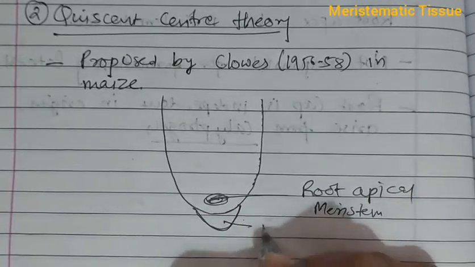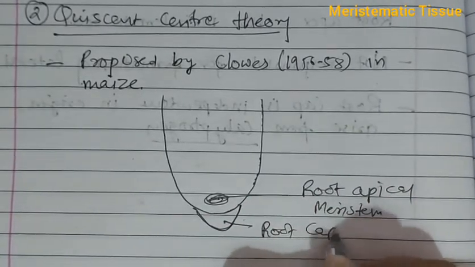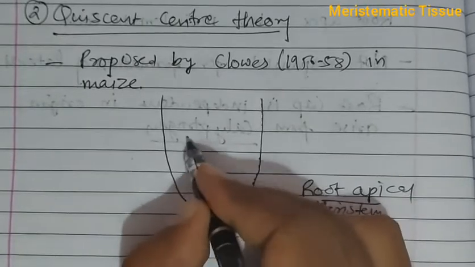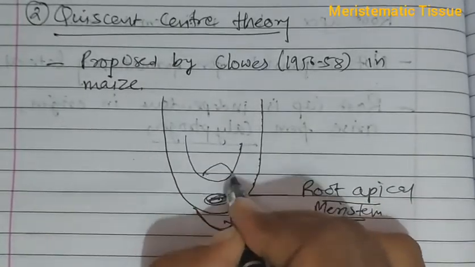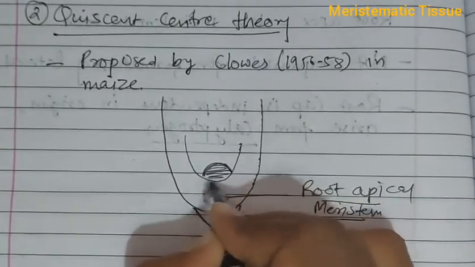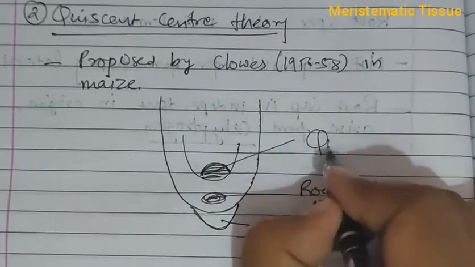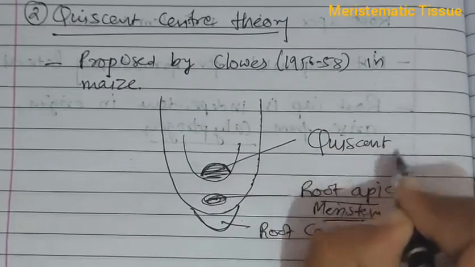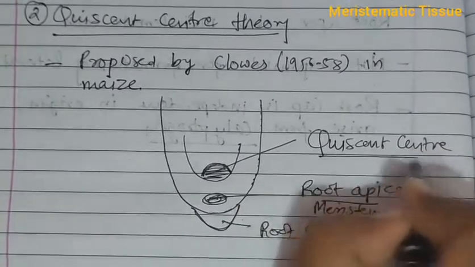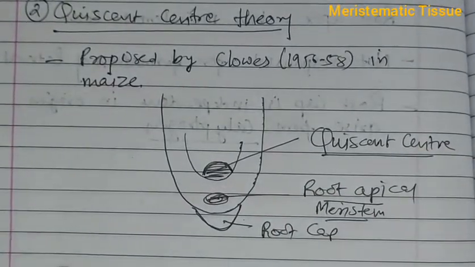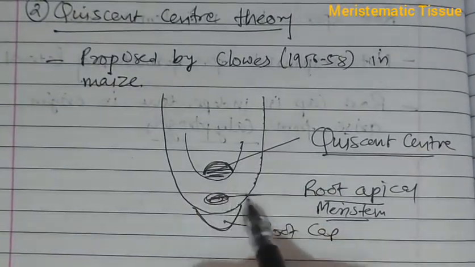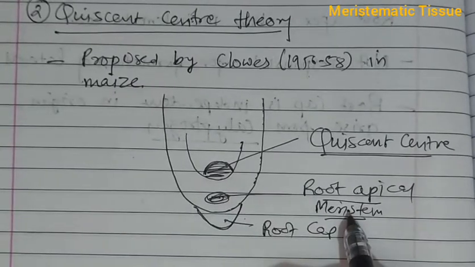and below this root apical meristem there is the presence of one inverted cap-like structure that is known as the quiescent center. So the quiescent center is present below or behind the root apical meristem.